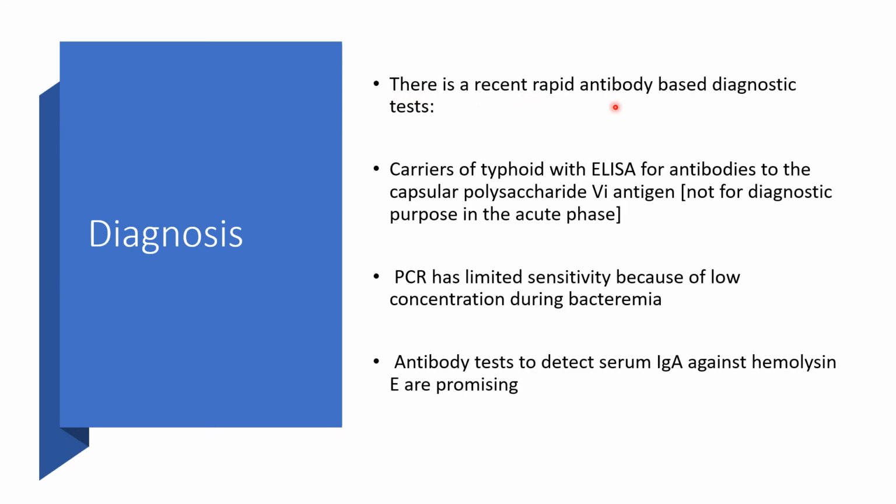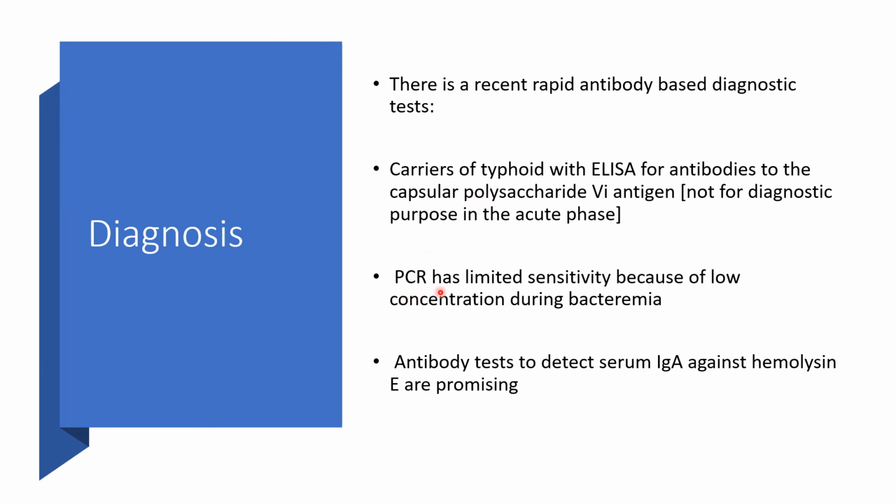There is a recent rapid antibody-based diagnostic test for carriers of typhoid, with enzyme-linked immunosorbent assay for antibodies to the capsular polysaccharide Vi antigen, which is a possibility that could be done with ELISA, enzyme-linked immunosorbent assay. But that is not for diagnostic purposes in the acute phase, for carriers, okay?